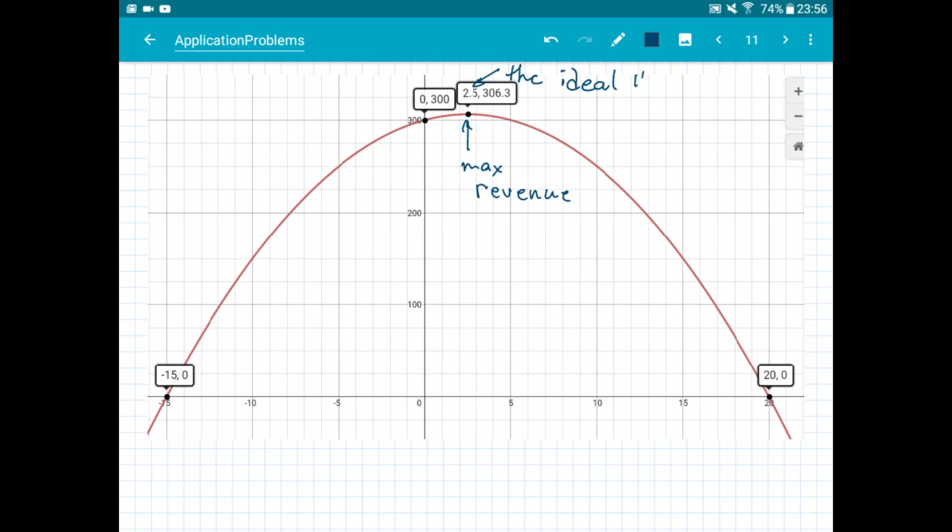This is the ideal number of reductions of 50 cents, right? Now this is the original situation. This is with no reductions. So $300 in revenue with no reductions. So that's keeping the price at $10.